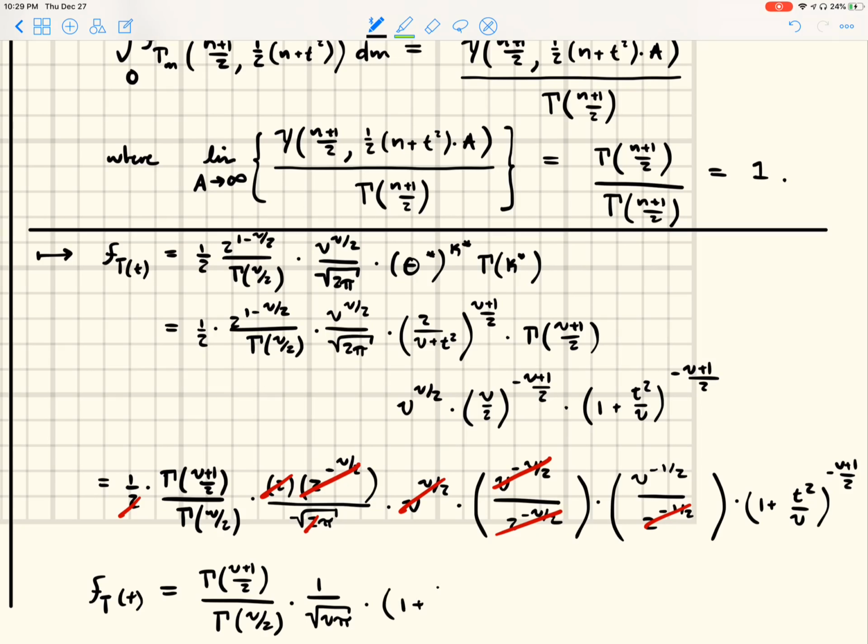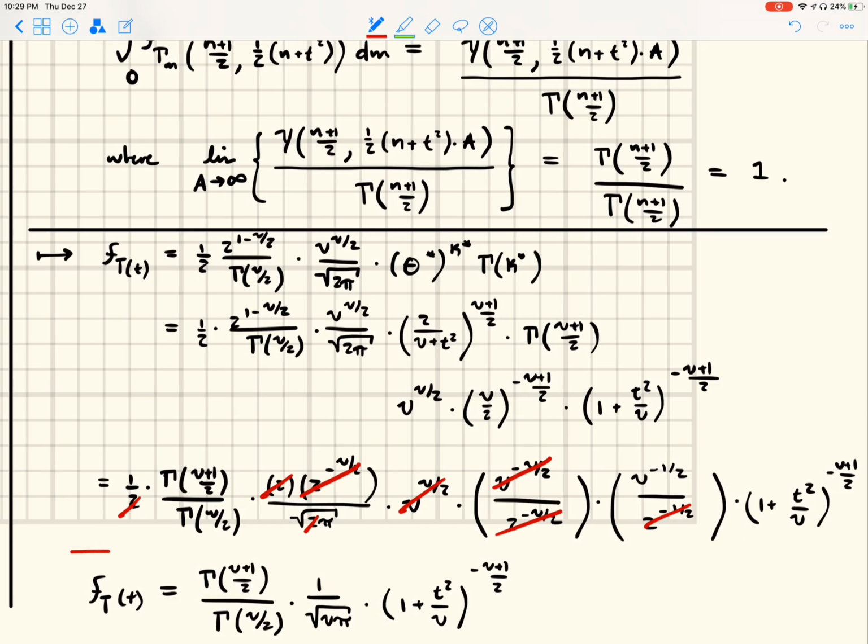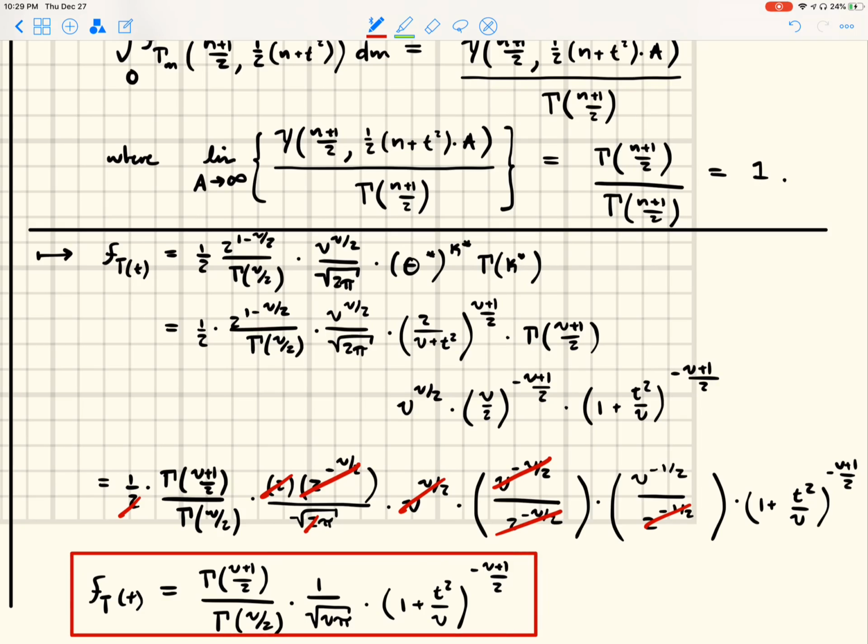Right here. And one can check that this is in fact the probability density function for the t statistic. Okay, thank you.